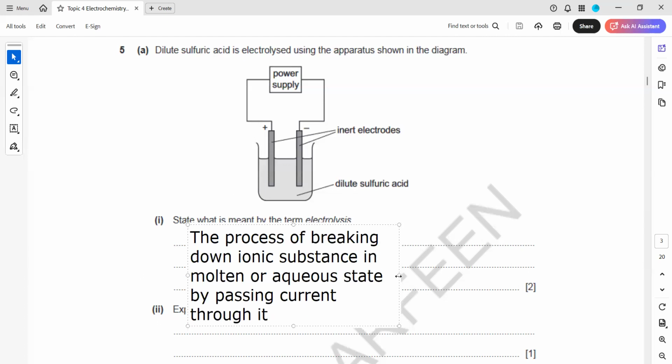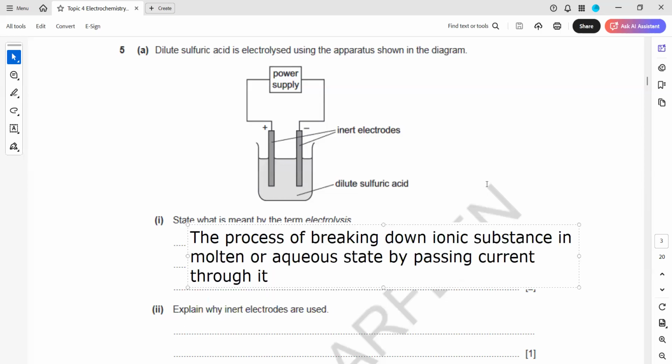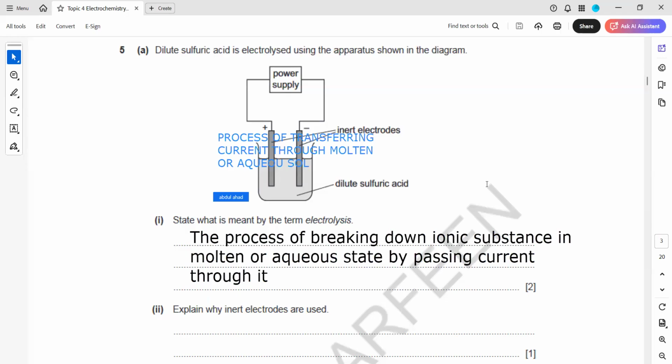Sir, isn't it ionic compound? It's the same thing, ionic substances or ionic compound, it's fine. But you have to use the term ionic as well, Abdullah.